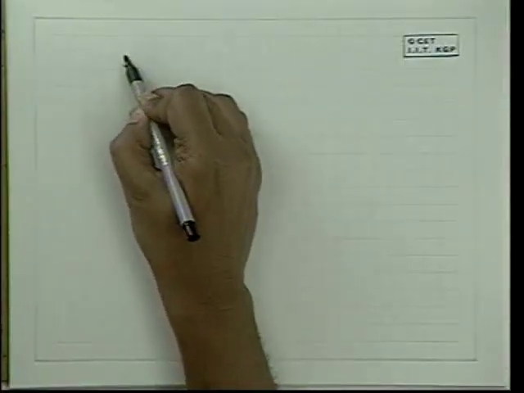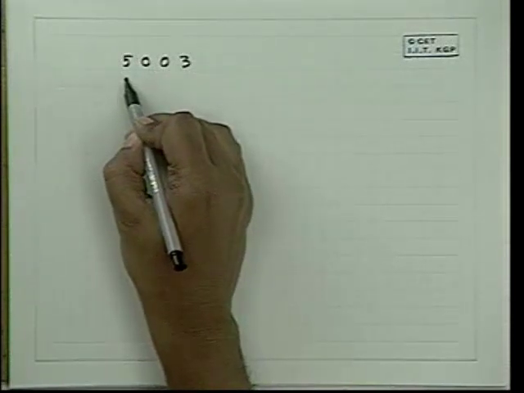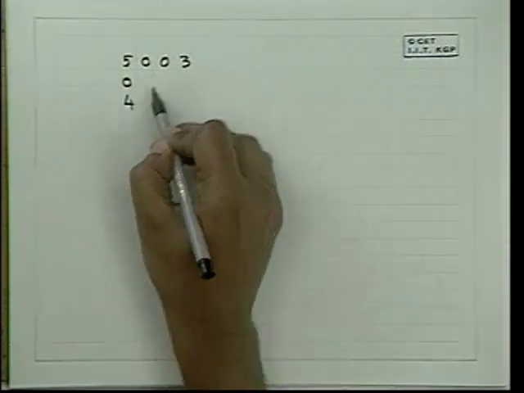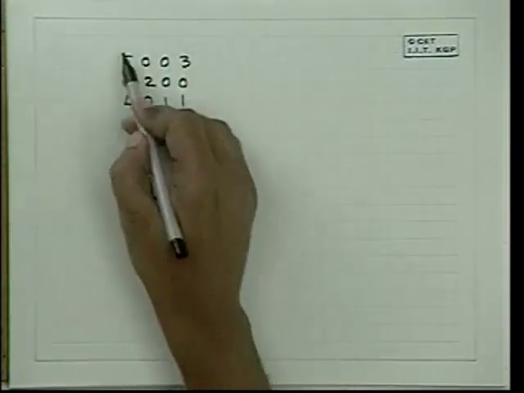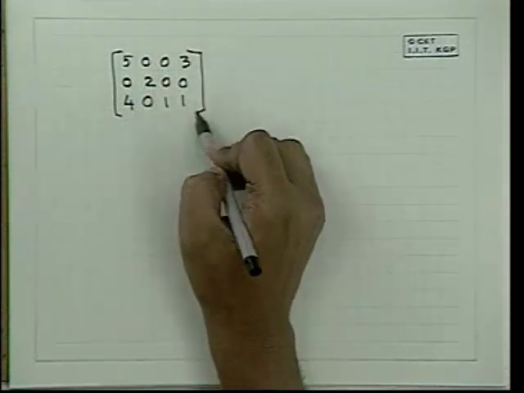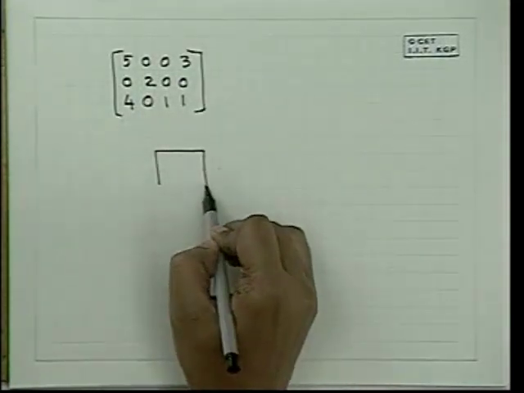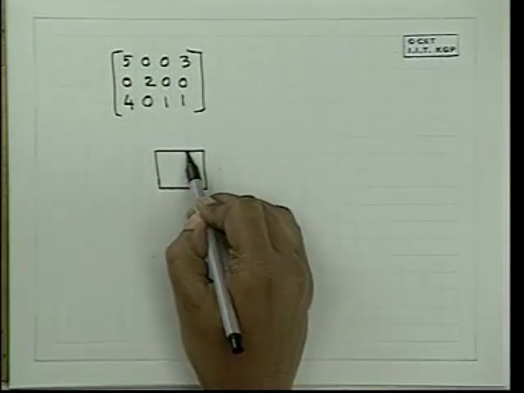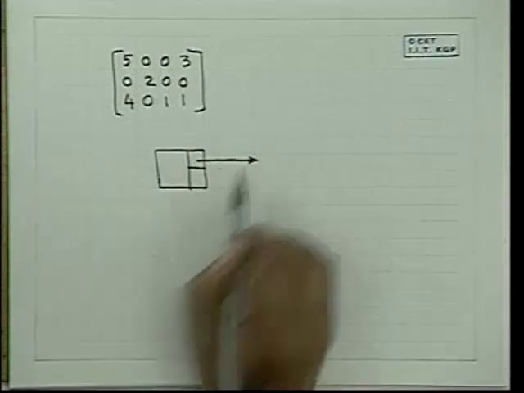Suppose it is 5, 0, 0, 3, 0, 4, 2, 0, 0, 1, 0, 1. Suppose we take this matrix. Then this will be the next element in the row.